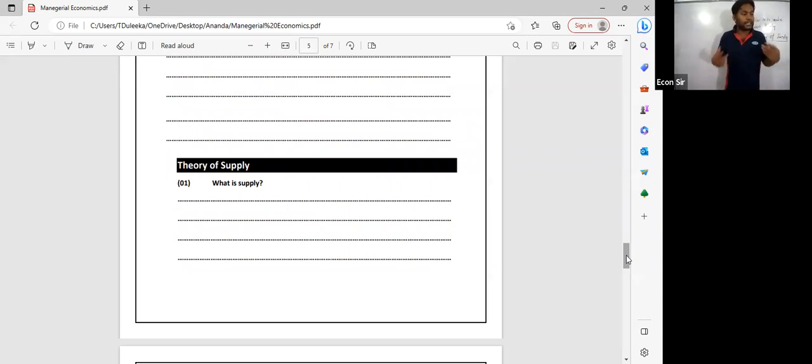The supply is the quantity that suppliers are willing to sell at different prices determined in the market. Right? Please write down.